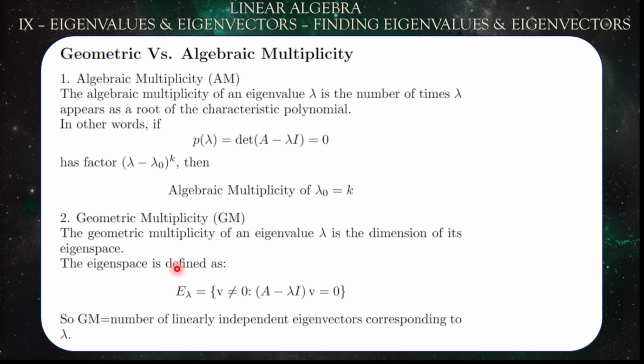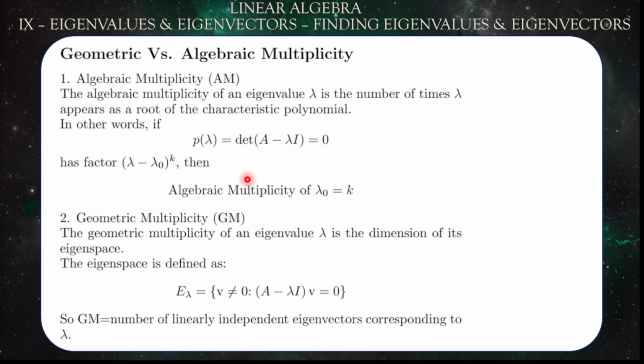Like in the previous example, we had two linearly independent eigenvectors, (1, 1) and (1, minus 2). This is what we call in this context the geometric multiplicity.